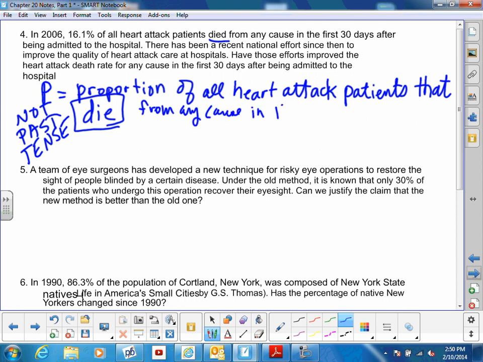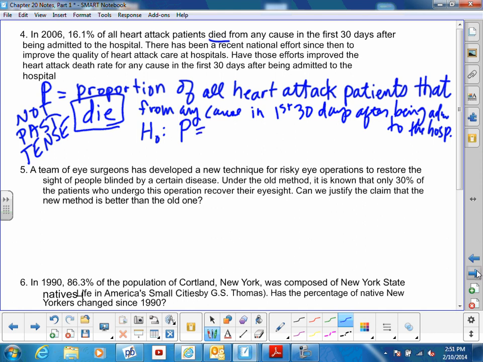in the first 30 days after being admitted to the hospital. Okay. So your null then is going to be that what? P equals 16.1%.